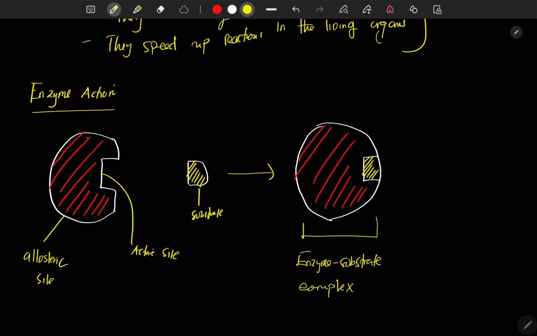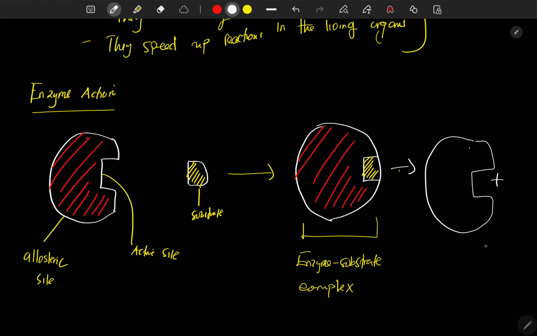Now, this can still go on because we need products. The enzyme will remain the way it is, then there will be plus products.